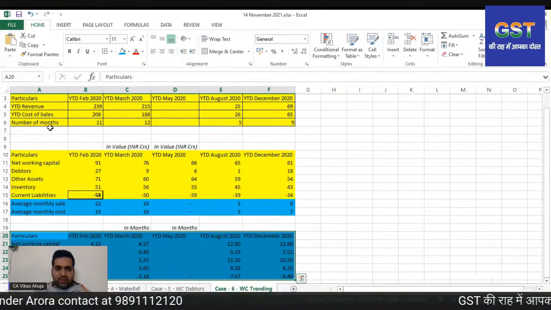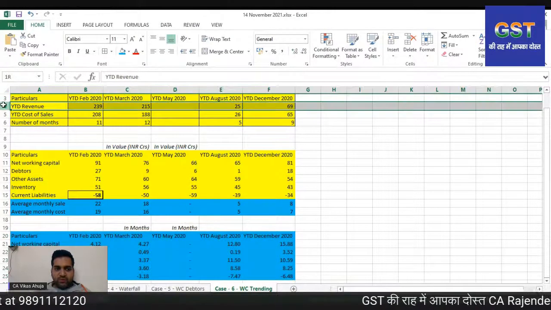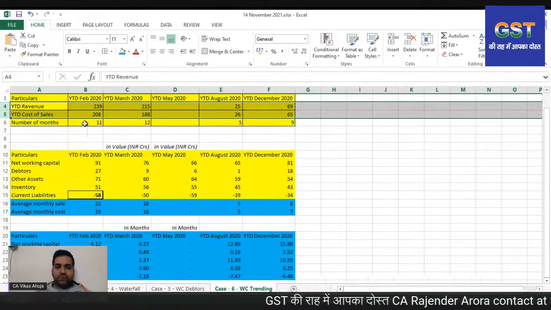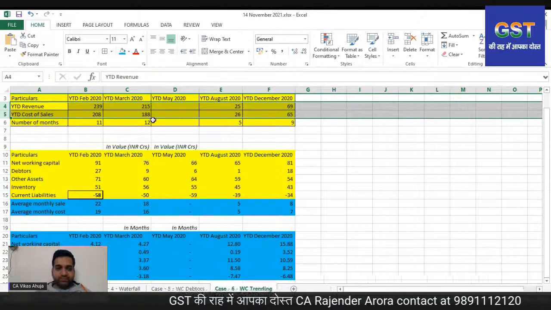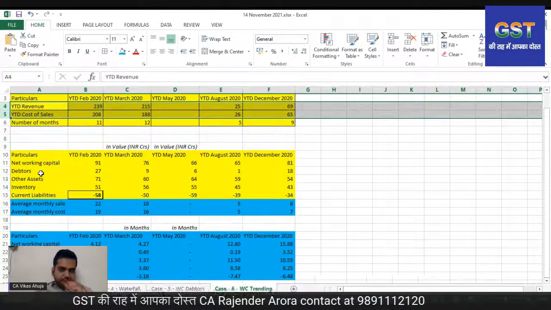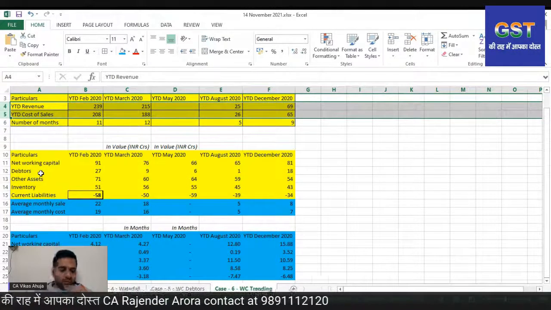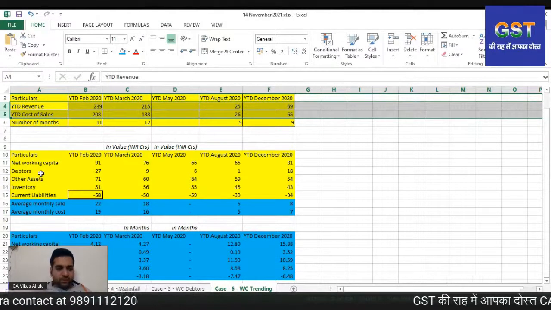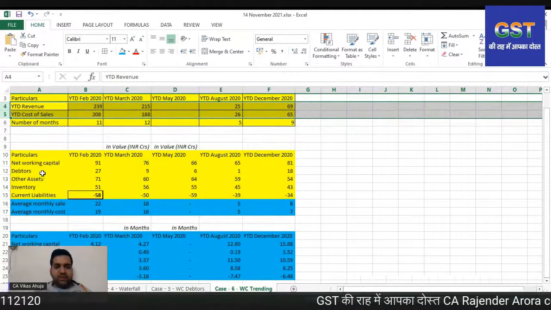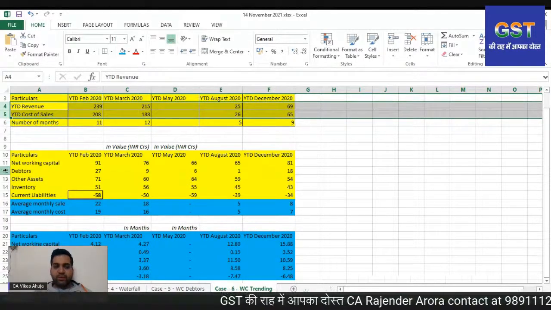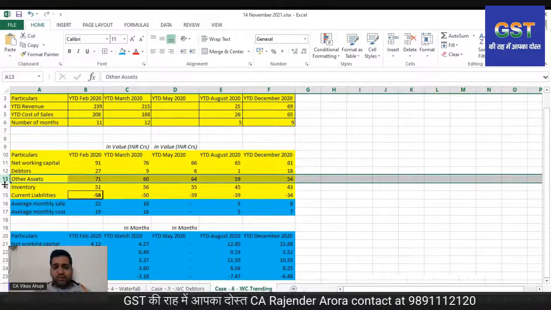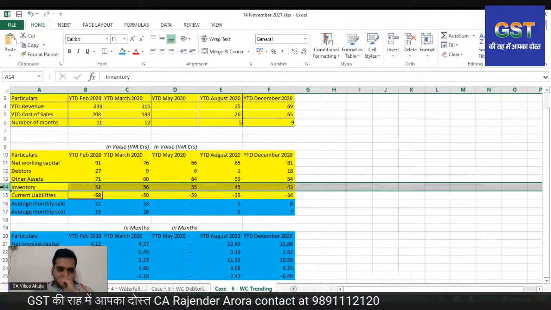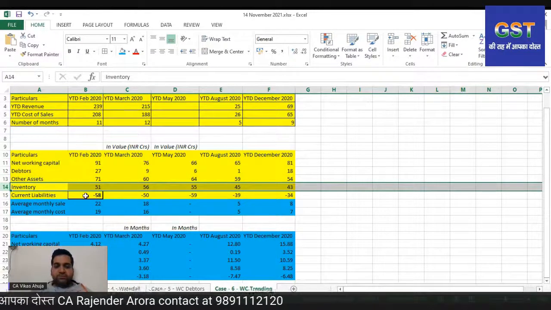I'll just do it once again. This first table includes my revenue, cost and the number of months for which we are capturing the data. Second is my working capital: debtors, other assets, inventory, and current liability.